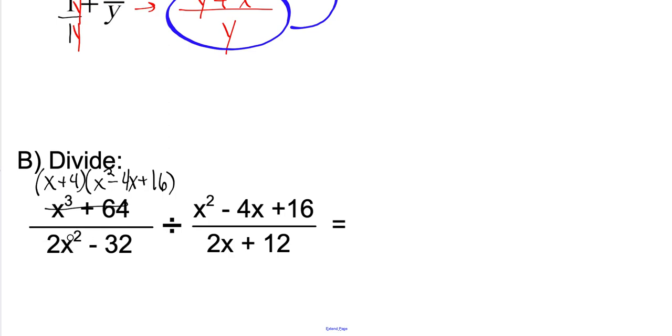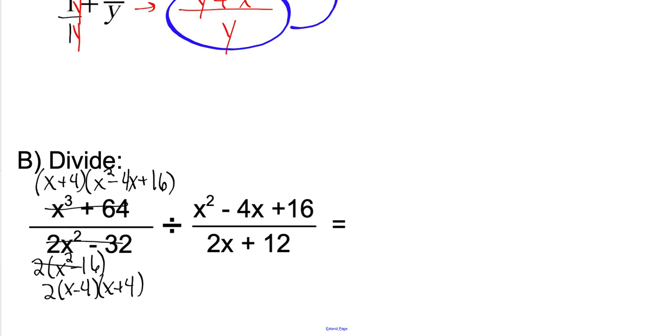Okay, denominator. This one, you're going to take a couple steps to factor. So take a 2 out, and then we have x squared minus 16. And then this one right here, that's difference of squares. X squared is the perfect square, 16 is the perfect square. So that'll turn into x minus 4, x plus 4. Okay, so that one's factored out.